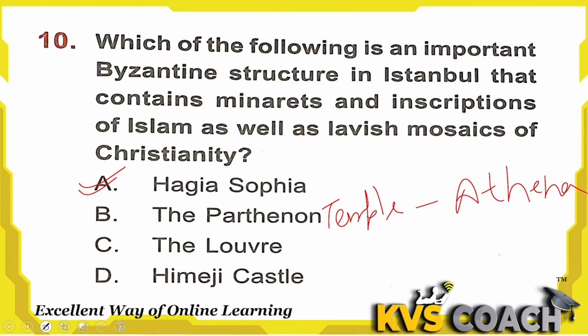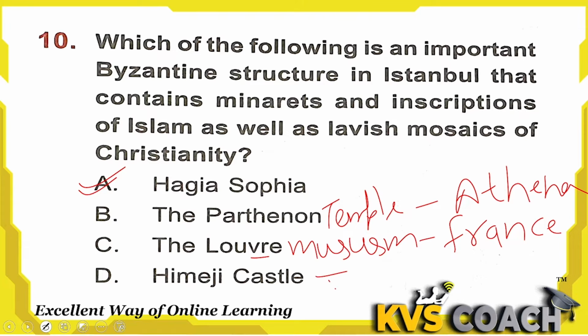And C is the Louvre. The Louvre is the art museum in France. If you have studied French, then in the French book, on the first page, you can see the picture of the Louvre. Okay, the most famous museum of France. D is Himeji Castle. Himeji Castle is the largest and most visited castle in Japan. Okay. But for Istanbul, that is Hagia Sophia. Option A is the right answer here.